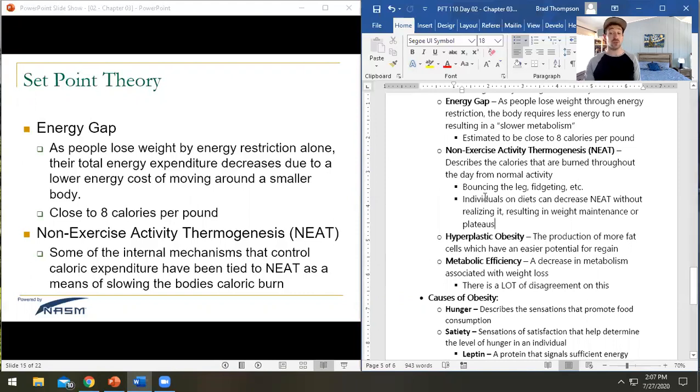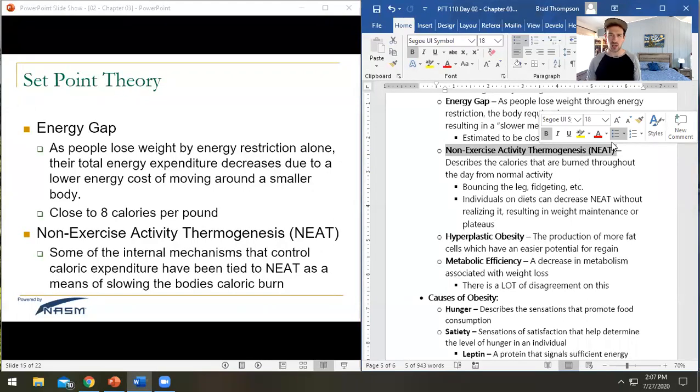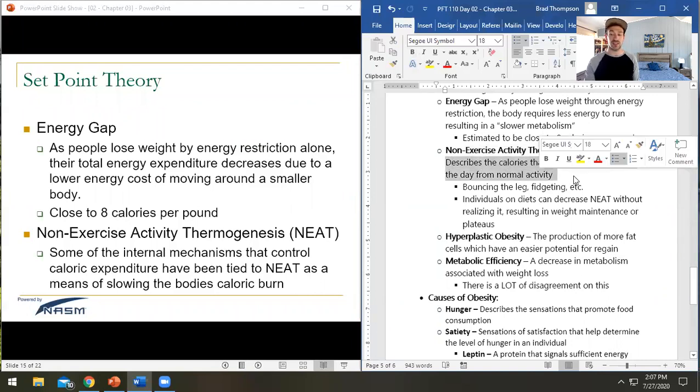Some of it is also through non-exercise activity thermogenesis. This is more commonly referred to as NEAT. We're going to talk a lot more about NEAT later on in this course. But this is the number of calories that you burn throughout the day from normal everyday activities, right? Bouncing your leg, fidgeting, those tend to be things that burn a passive amount of energy that we don't really think about.